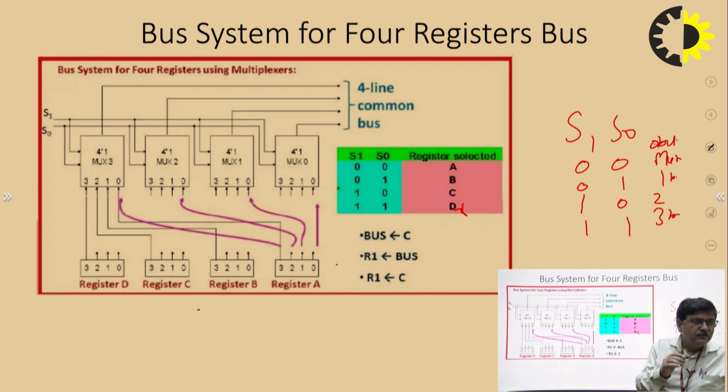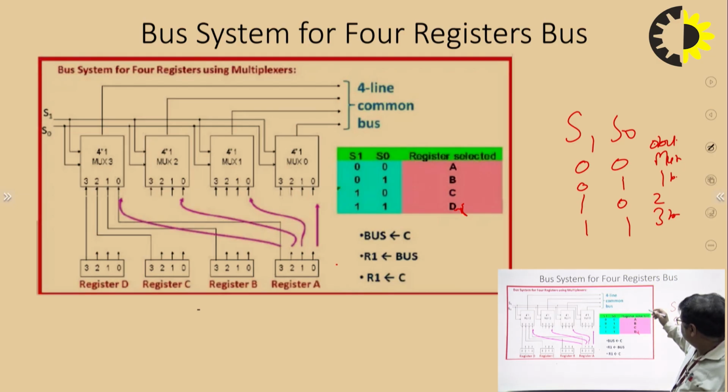If the input is 0 1, it will transfer the value of all 4 bits of register B. If it is 1 0, it will transfer all the bits of register C. If it is 1 1, it will transfer all the bits of register D to the bus.